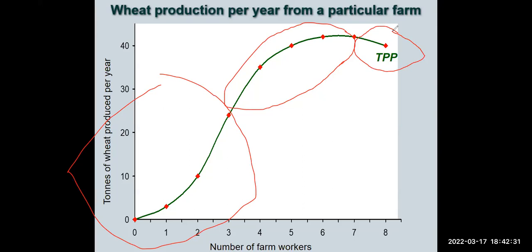Your total production is increasing at an increasing rate. What is happening in the second phase? Your total production is increasing at a decreasing rate. And what is happening at the third portion of your total production curve?